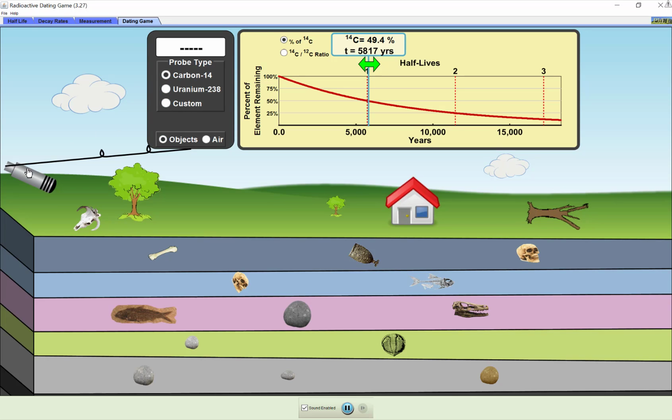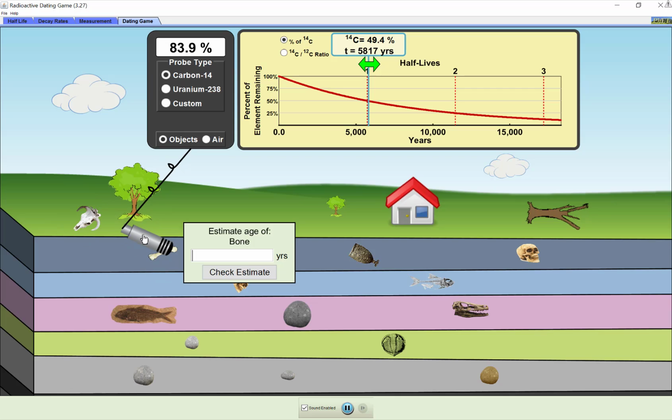So we're going to start off with just something up top here. Let's say, actually, let's go with this bone right here. If you move the sensor over the bone, we're going to be using the carbon-14 probe because it was once alive.